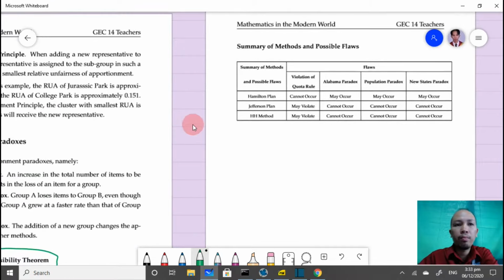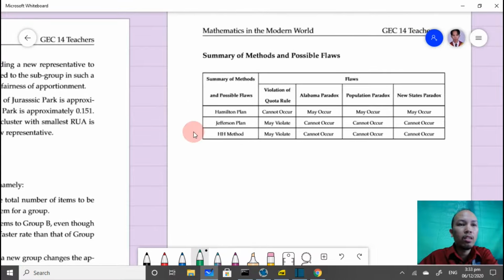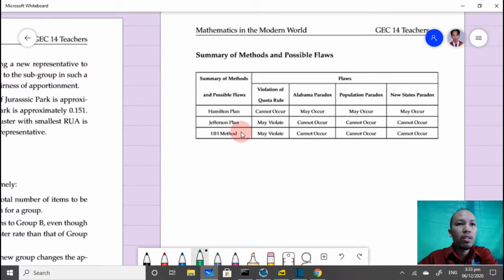This is the summary of the plans that we've used. As you can see here, the Hamilton plan will not violate the quota rule.